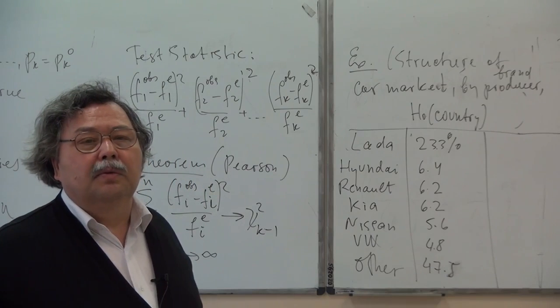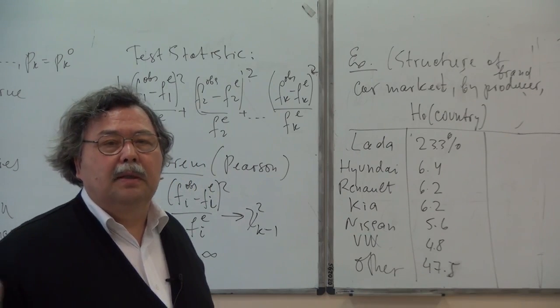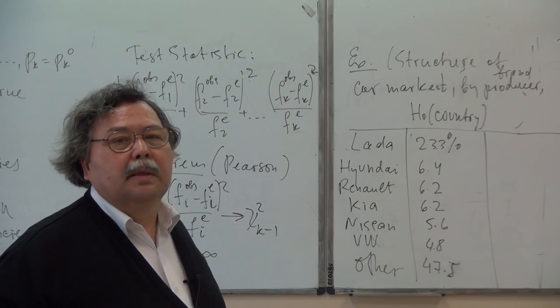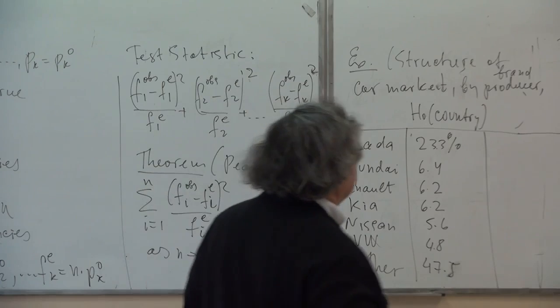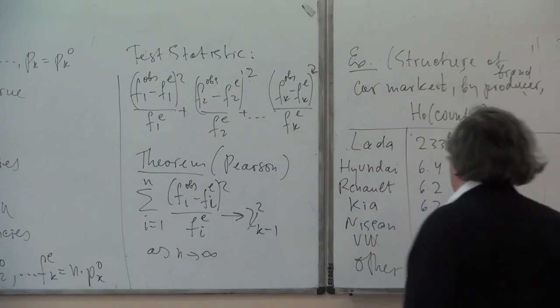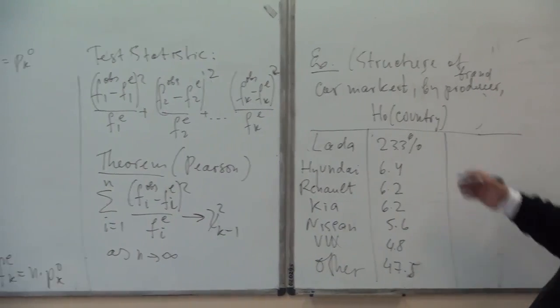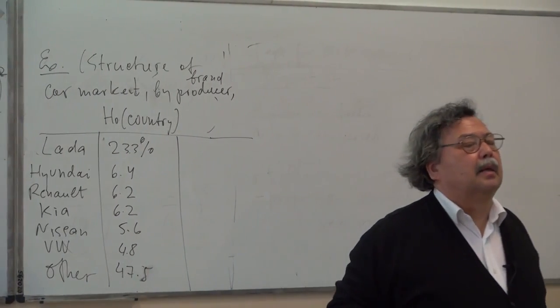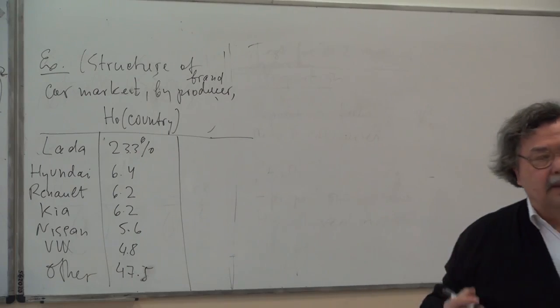By the way, these figures are quite realistic, borrowed by me from some report. Only it's not for this last year. It's for the year 2012. All right. So this is the structure of the country's car market with respect to brand.